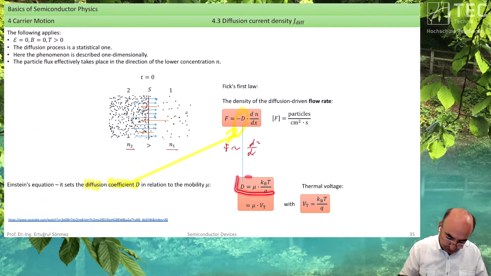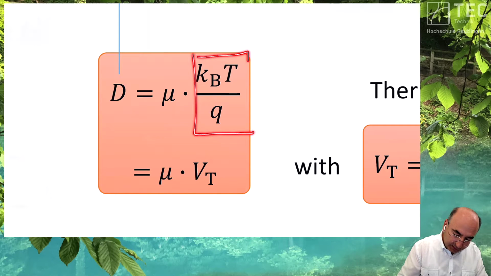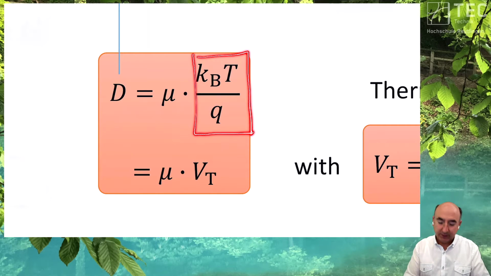And this diffusion constant itself is very interesting. It is a function of the mobility. Sure, if you have a higher mobility, then you have a higher diffusion rate. This is understandable. But it has more constants inside.